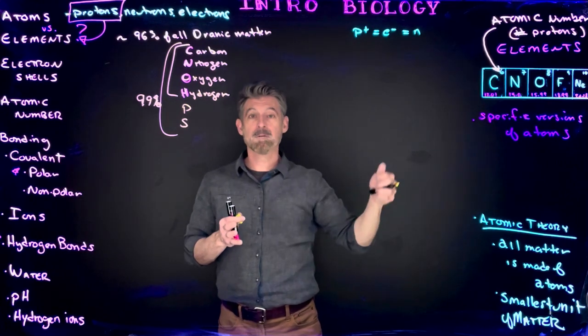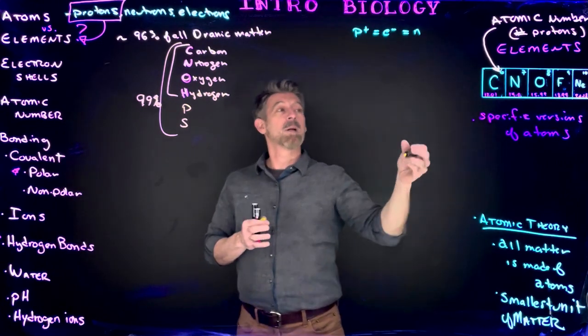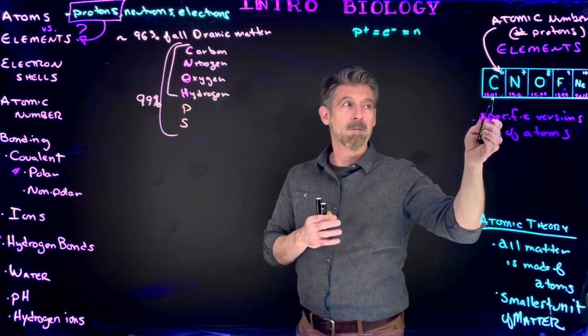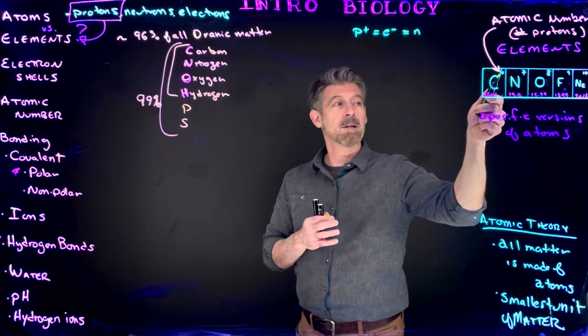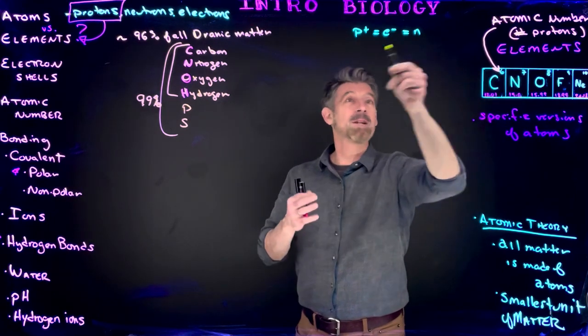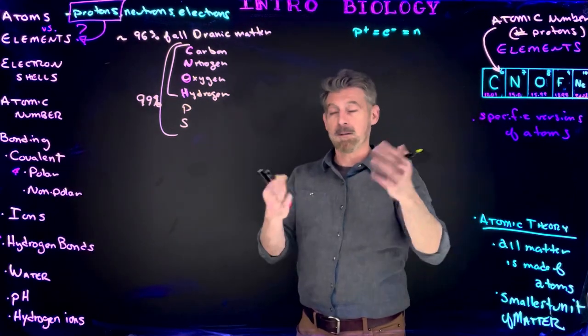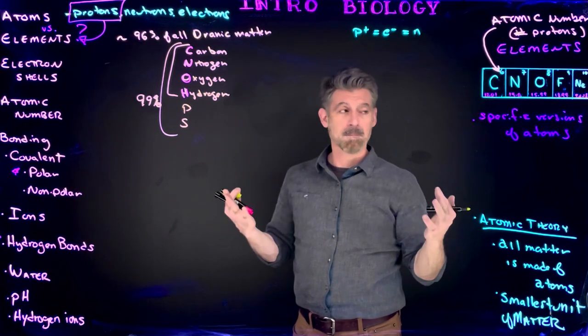So you have protons, neutrons, electrons. So that means if I asked you, how many electrons does a carbon atom have? You could say, well, let's see, 6. But wait, 6 is the number of protons, but it should be the same. So protons and neutrons should be the same, and electrons should be the same.